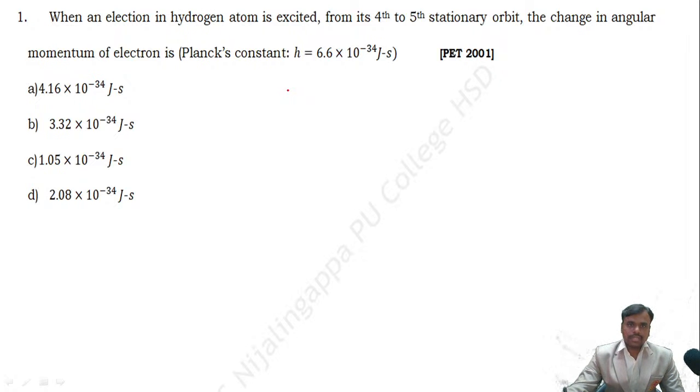That means, students, by using Bohr's quantization rule, we can calculate the orbital angular momentum of an electron in different orbits. For example, L is equal to nh by 2 pi. This is Bohr's quantization rule.